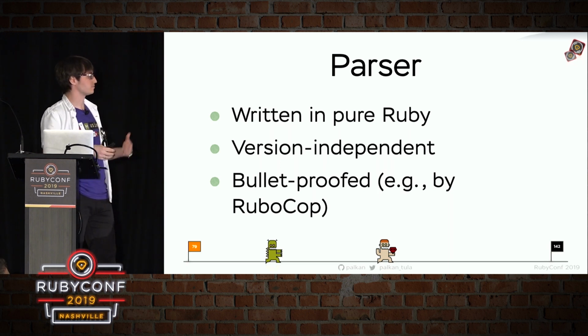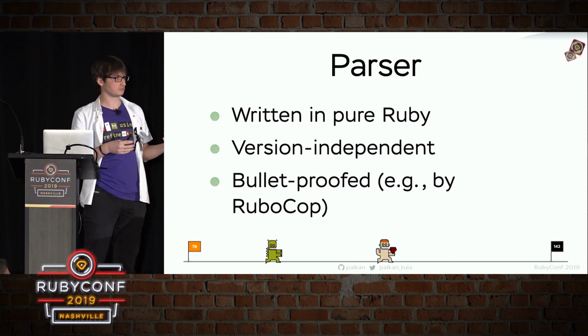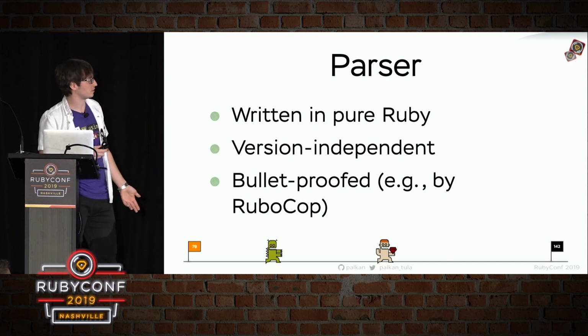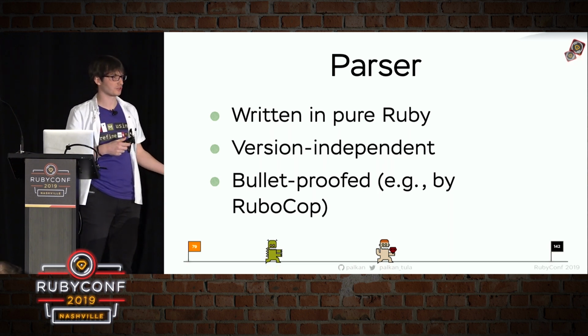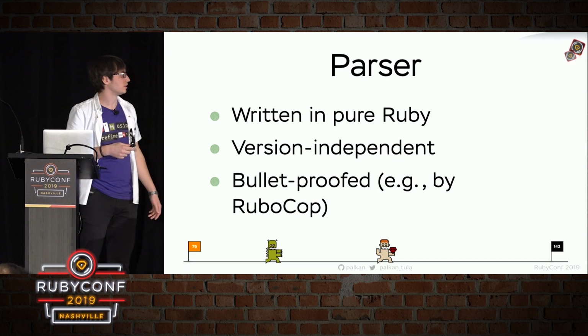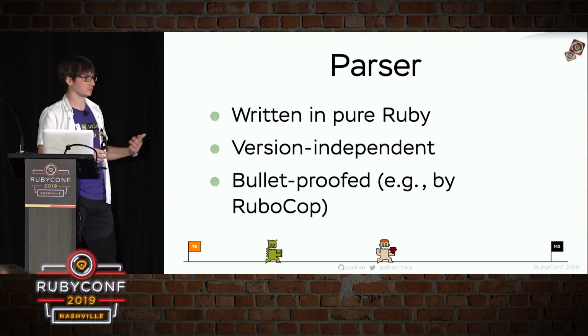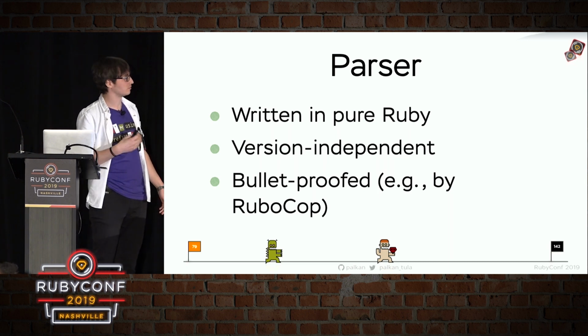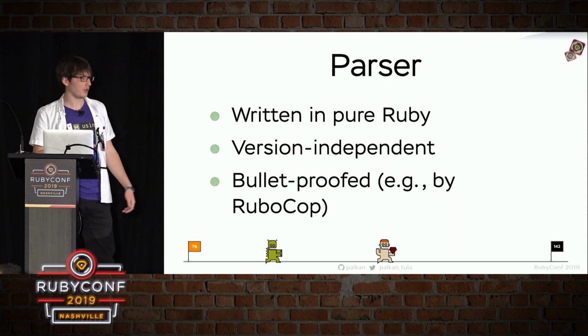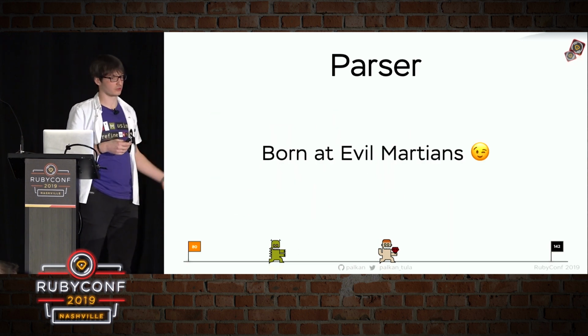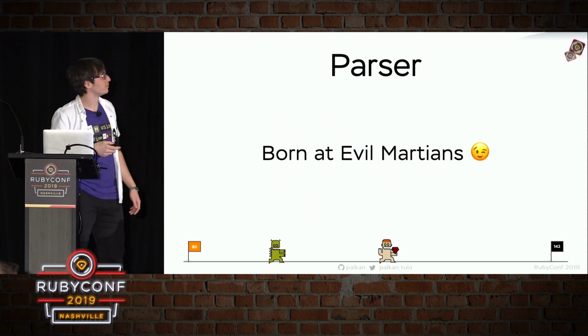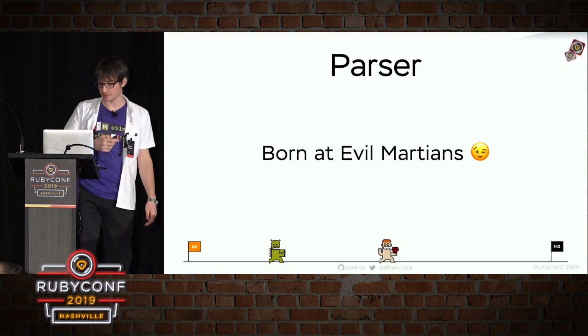And it's already been used in many tools, actually. One of the most famous examples of Parser usage is the RuboCop gem. RuboCop used Parser to analyze your code and do transformations. And last but not least, it was actually born in Evil Martians years ago, but that was a long time ago.